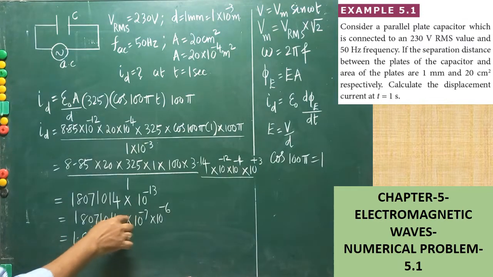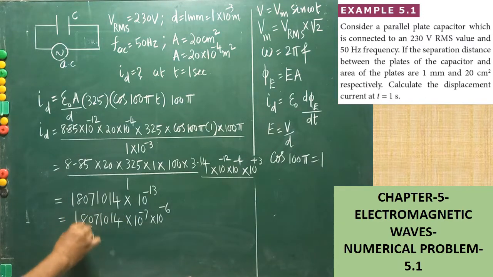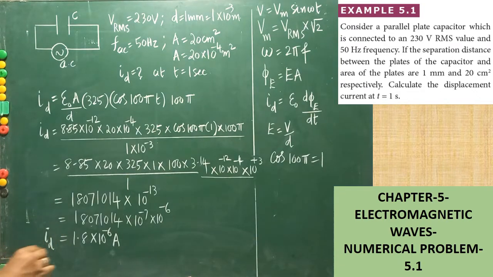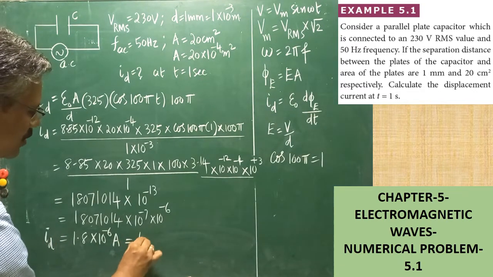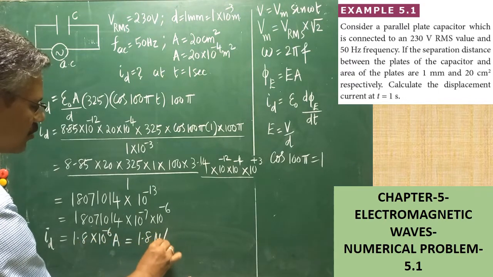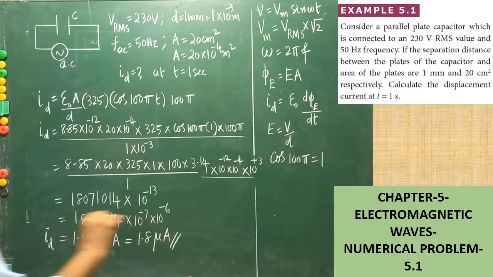This decimal point can be brought from here to there. So, we will get 1.8. What is the remaining one? 10 to the power of minus 6 is there. Ampere. That is the value of displacement current, ID. This one can be simply written as 1.8 microampere. So, this is the value of displacement current.